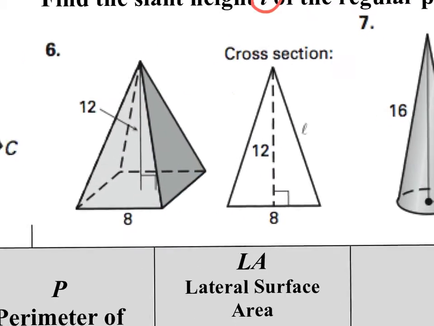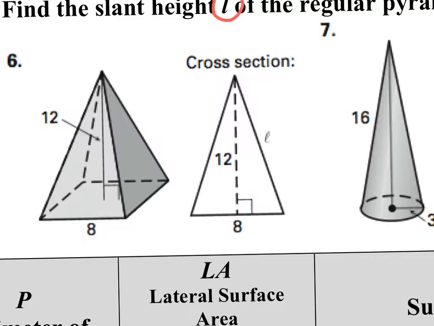Let me look at it from the perspective of a cross section. If you cut this with your butter knife and go straight through, notice you get this triangle here. I'm just cutting straight out. And the 12 that's here is the 12 that's here.